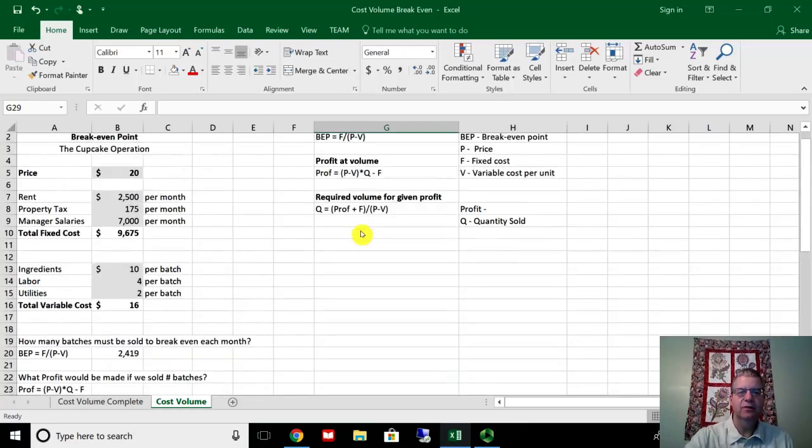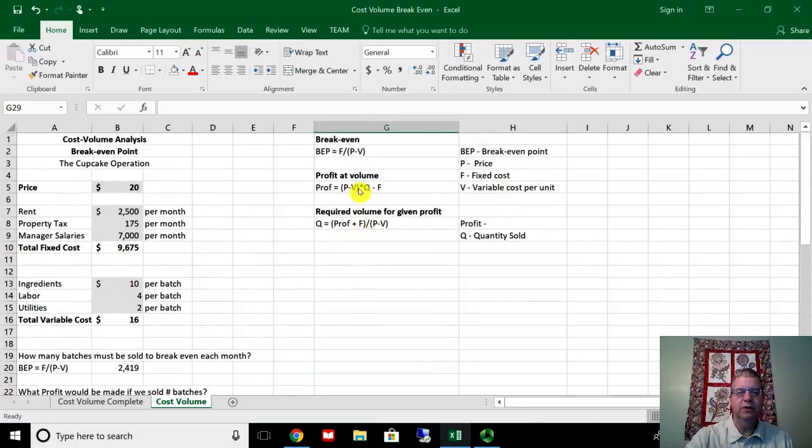Let's see, again, we've got a formula. The profit at any particular volume is just the P, the price, the $20 a batch, minus the variable cost, 16. So there's our contribution margin again. We make $4 each time we make a batch, times our quantity, minus the fixed cost.